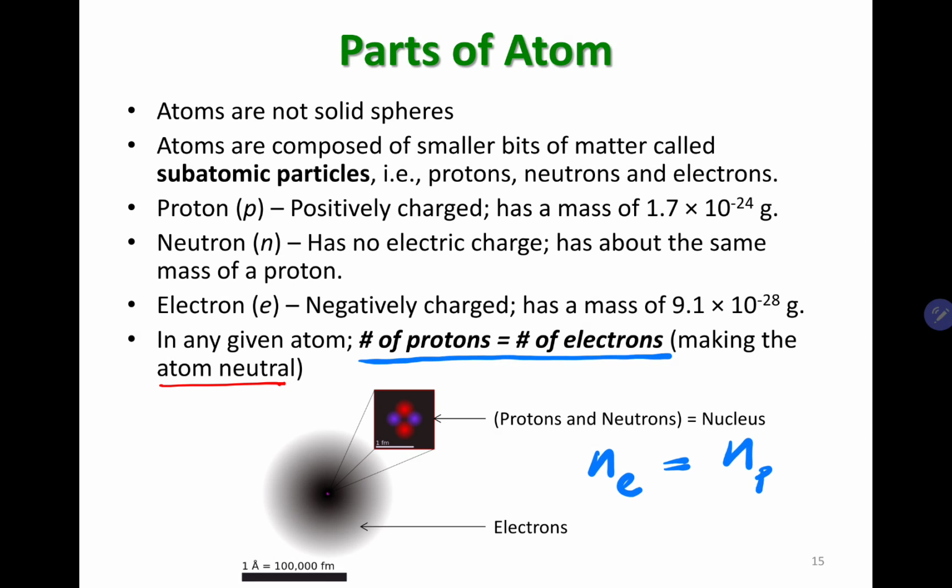The positive charge will be equal to the negative charge, and of course the overall atom is going to be neutral. All right, so that is the first thing that I want you to remember. The number of protons of an atom is equal to the number of electrons.